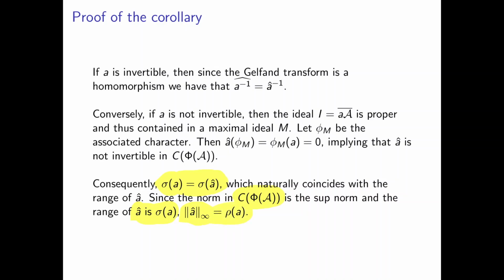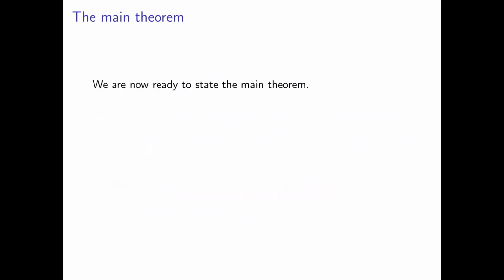There is no other way. So it's just a natural consequence of these spectrums agreeing and the fact that the range of A hat is the spectrum of A. And now we have this corollary, we can get to the main theorem, which is the following.